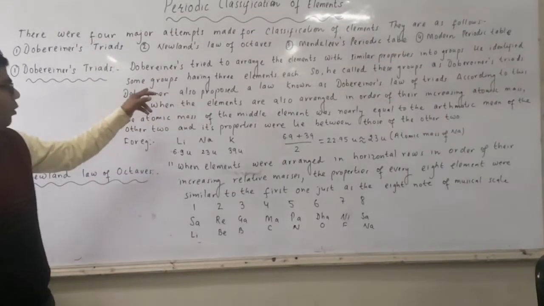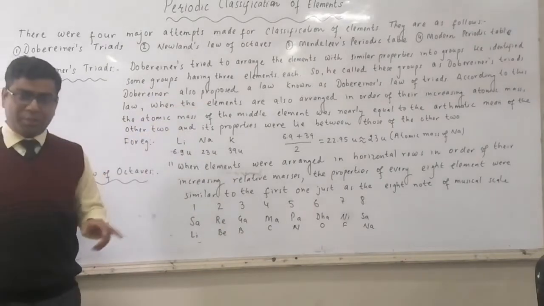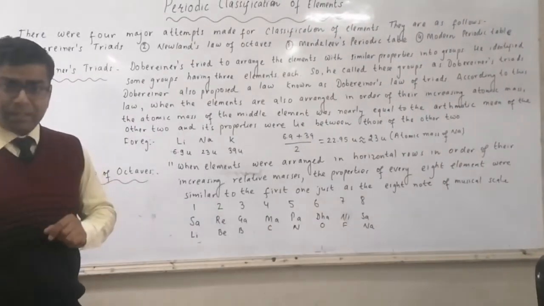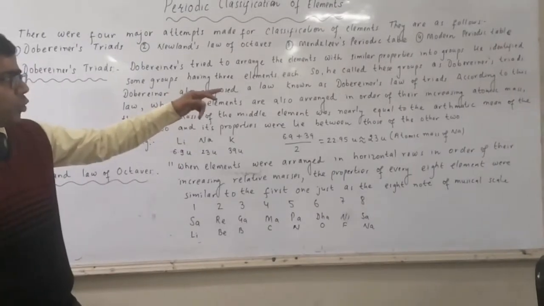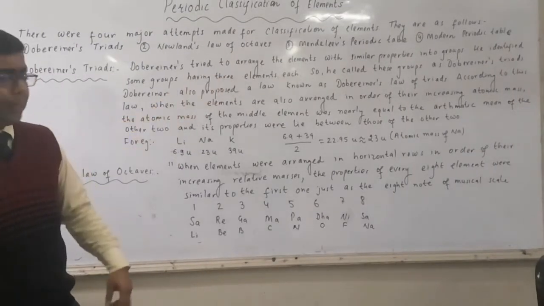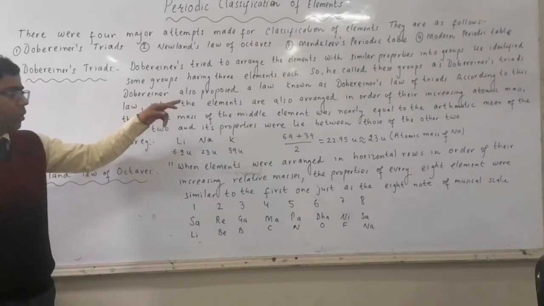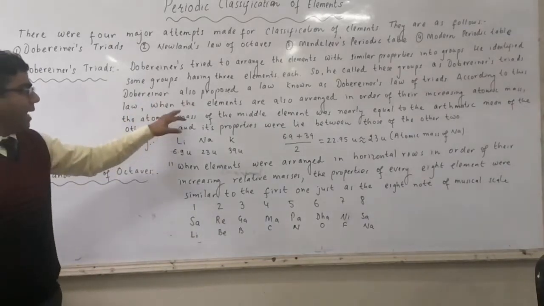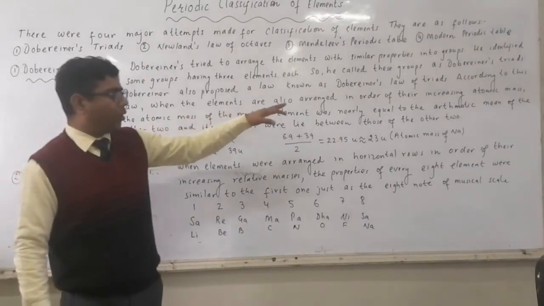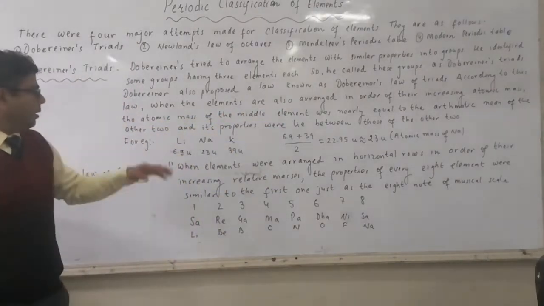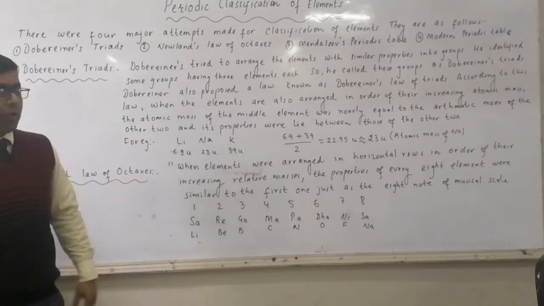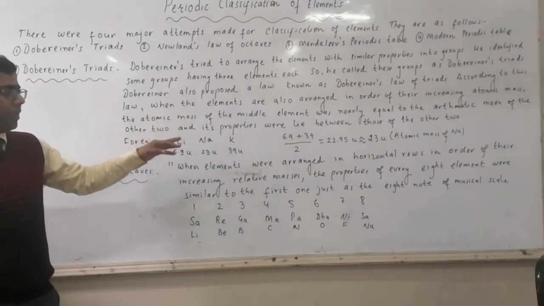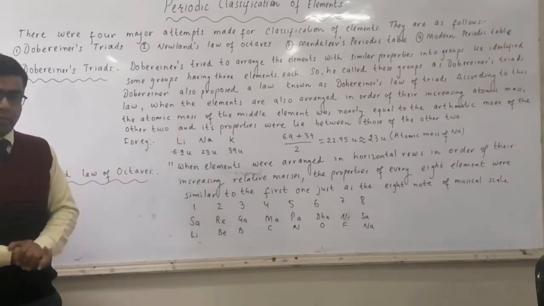He identified some groups having 3 elements each, so he called these groups Dobereiner's triads. Dobereiner also proposed a law known as Dobereiner's law of triads. According to this law, when the elements are arranged in order of their increasing atomic mass, the atomic mass of the middle element is nearly equal to the arithmetic mean of the other 2, and its properties lie between those of the other 2.